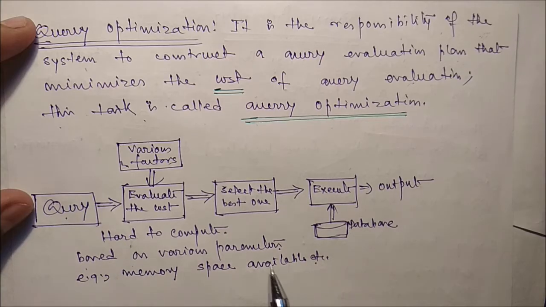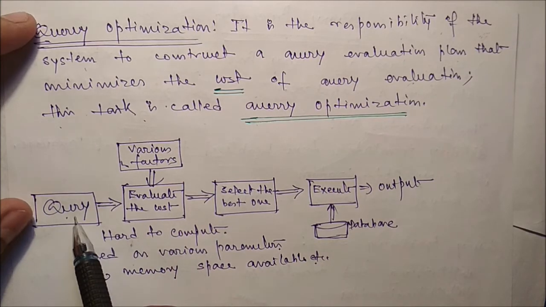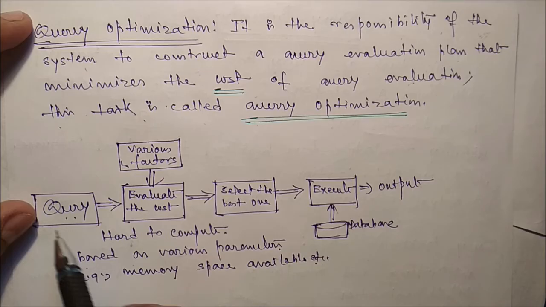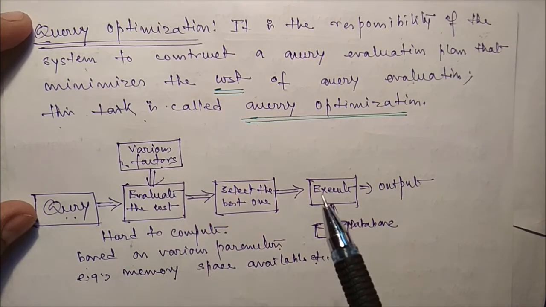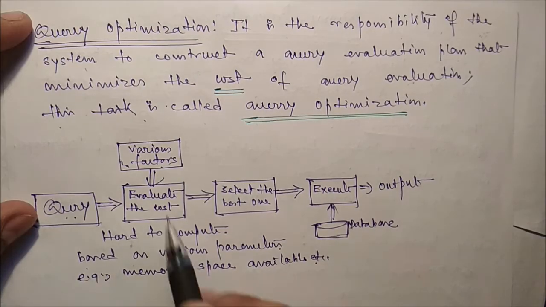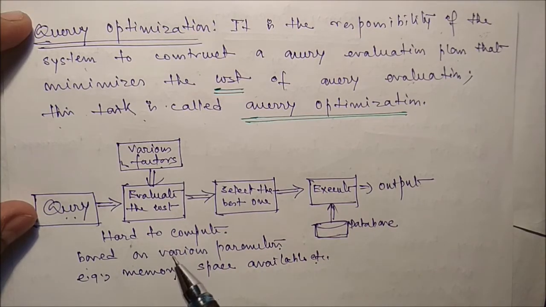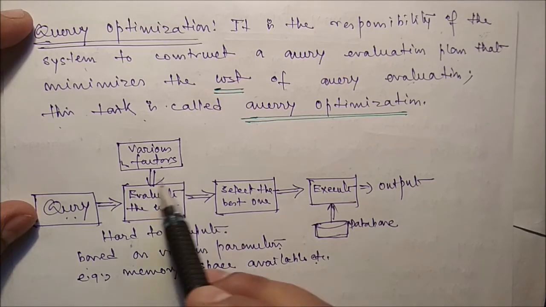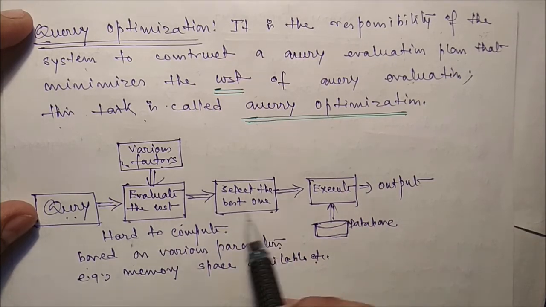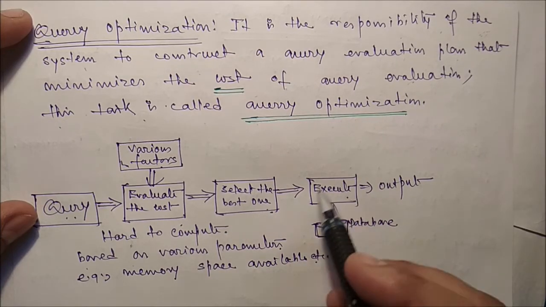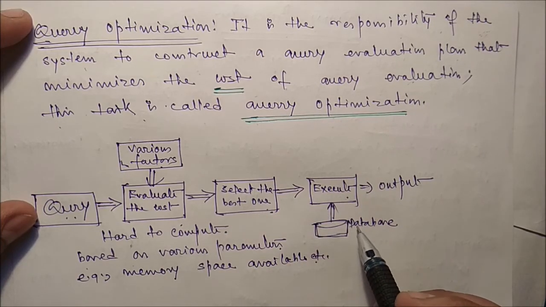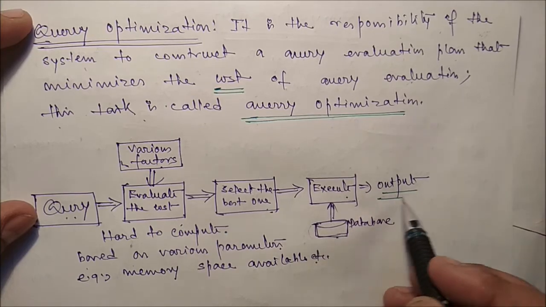The task of the query optimizer is to evaluate the cost of that particular query from various factors, such as memory space available, from where you have to fetch, from which page to which page, which particular indexing we may use, and from that select the best query and then execute it. Then fetch the data from the database and give the output.